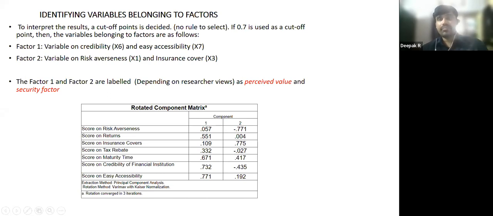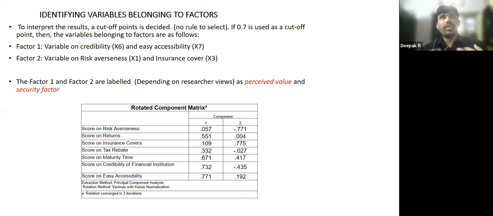And then I will be able to use these two factors, perceived value as well as security factor, in my classification based method. If I want to classify a respondent as being, for example, risk averse or not, I can consider these two factors and go ahead in terms of differentiating.